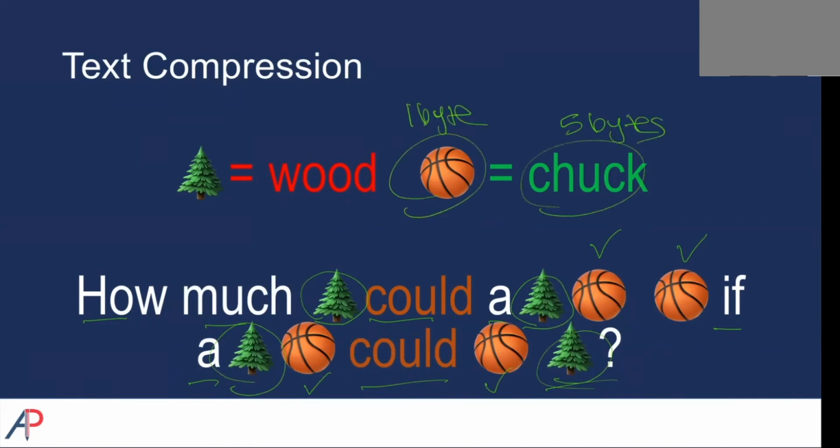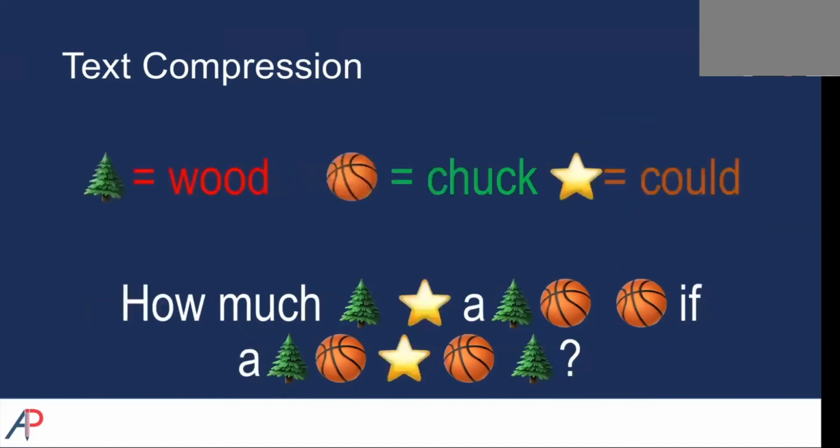So we have made 4 substitutions again. So this is 4 bytes compared to the 4 times 5 bytes that we had before. So we've substituted 20 bytes and in place used 4 bytes. And then we also could do the same thing for could. We could replace it with a star. So now it says how much wood could a woodchuck chuck if a woodchuck could chuck wood. Same thing.